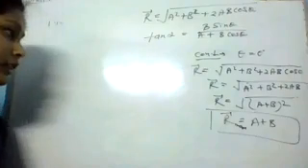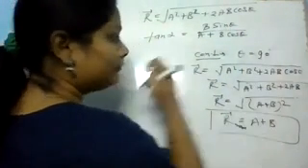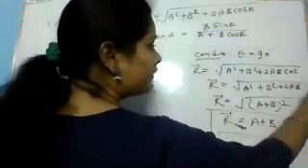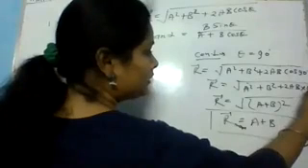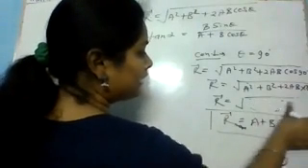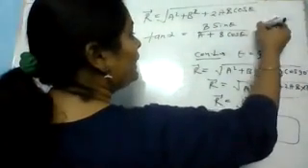Now let's see when theta is 90 degree. What is the value of cos 90? It is 0. In the earlier condition I did not mention the direction.